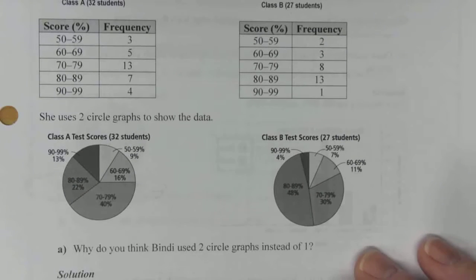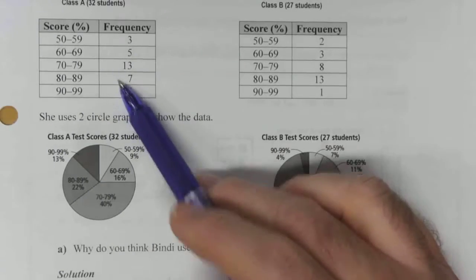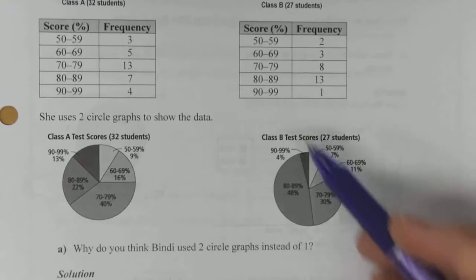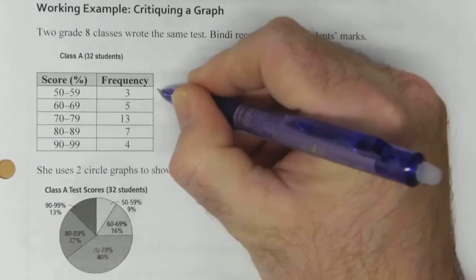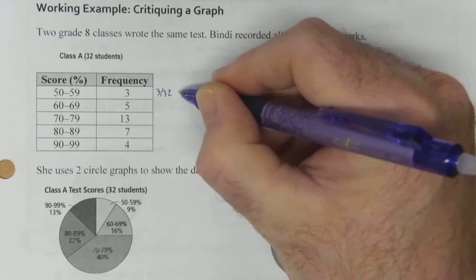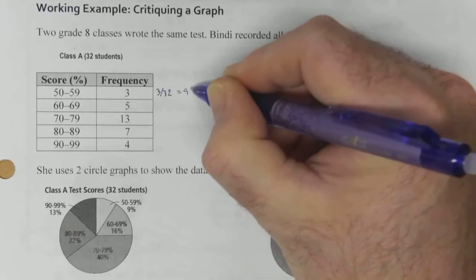She now uses 2 circle graphs to show this data. So what she's done is she's converted these frequencies into percentages to figure it out. In order to do that, let's just do a quick example here. So 3 out of 32 students, if you do that division, she got 9%.